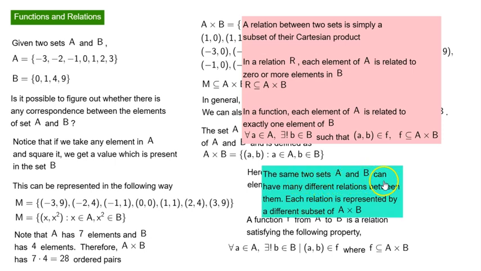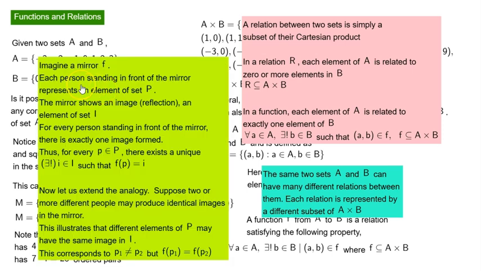The same two sets A and B can have many different relations between them. Each relation is represented by a different subset of the Cartesian product of A and B. Now, a simple example. Imagine a mirror f.